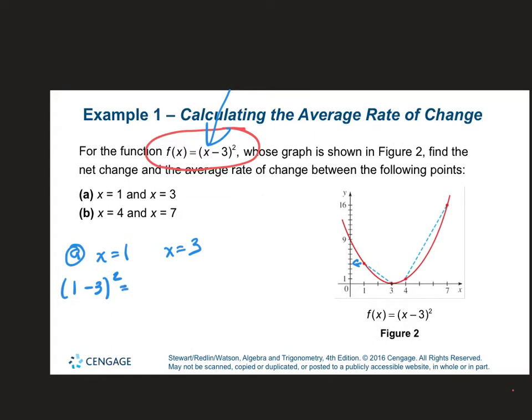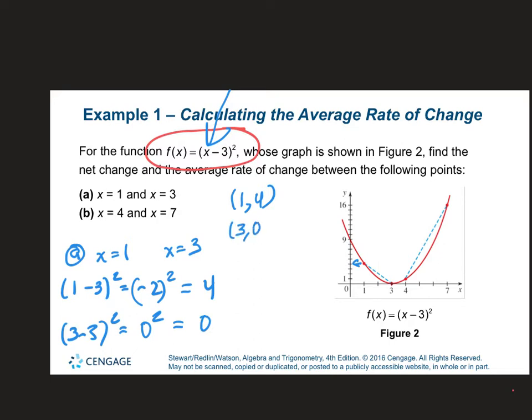What's 1 minus 3? Negative 2. Good, and then I have negative 2 squared, which gives me what? 4. So I have the point (1, 4). And then if I plug in 3, 3 minus 3 squared. What's 3 minus 3? 0, and 0 squared is 0. So when I plug in 3, I get out 0.